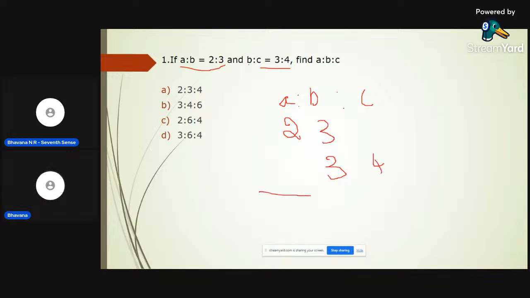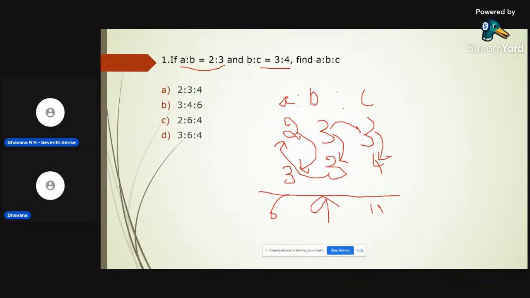4. Now what we have to do is multiply. I write the 3 value here, and write the 3 value here also. Multiply these two values, and these two values. 2 3s are 6, then 3 3s are 9, then 3 4s are 12.